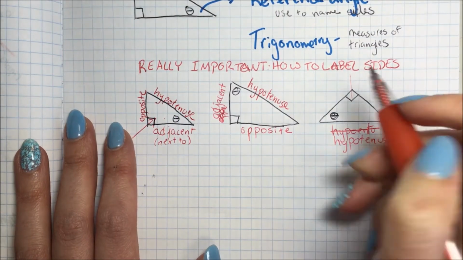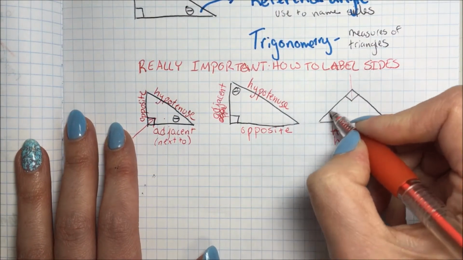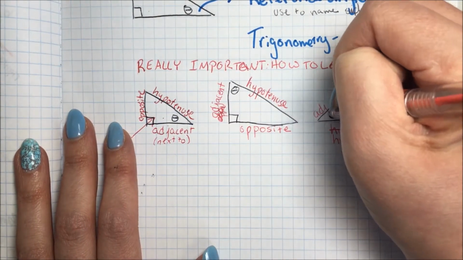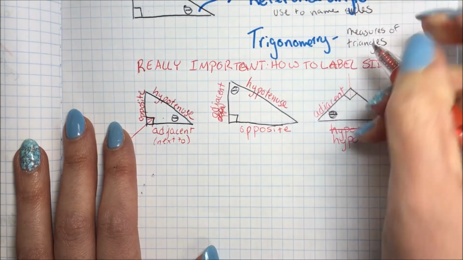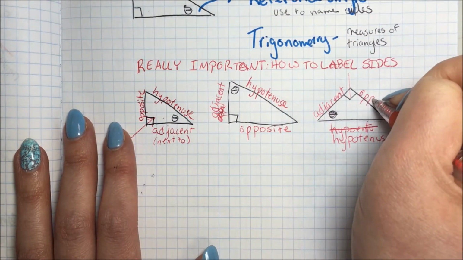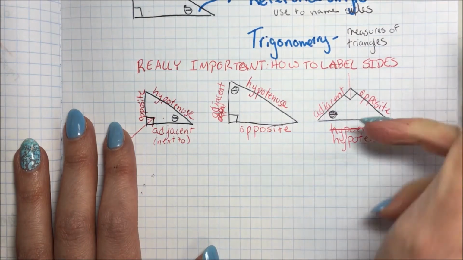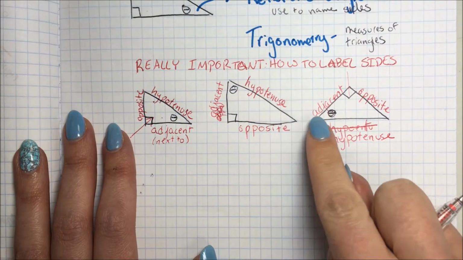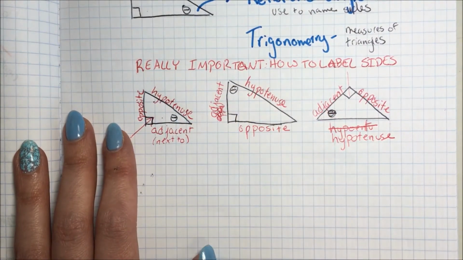Hypotenuse. Okay? And the adjacent side is still the side that's touching, that's right next to that angle. And the opposite side, that's the one that's across from the angle. So how I label the legs, whether adjacent or opposite, is based on where they are in relation to the angle that I'm using or I'm looking for. Okay?